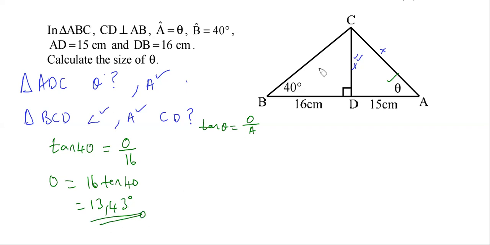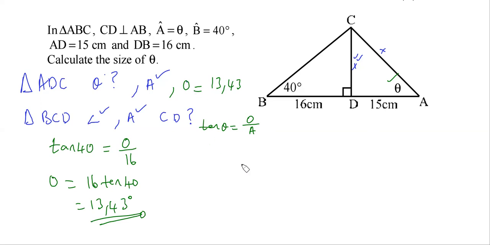Once we get the opposite side, we can go back and say we now have the opposite there, which is equal to 13,43. Which one can we use now to get theta? We have adjacent and opposite, so again we're going to use tan.